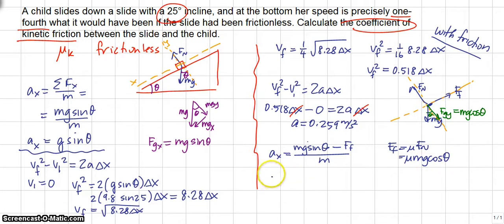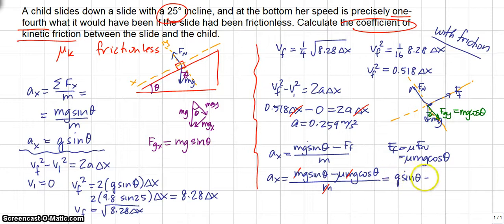I can substitute that back in, and the acceleration in the x direction is mg sine theta minus mu mg cosine theta, all divided by the mass of the object. Both terms in the numerator have an m, so I can cancel the m's, and I get that the acceleration is equal to g sine theta minus mu g cosine theta.